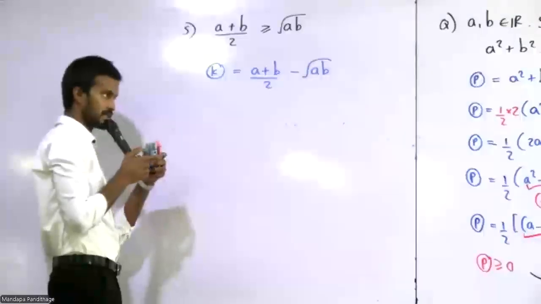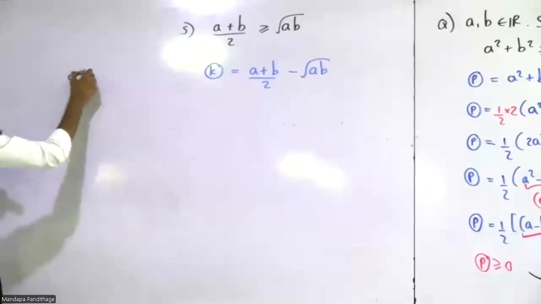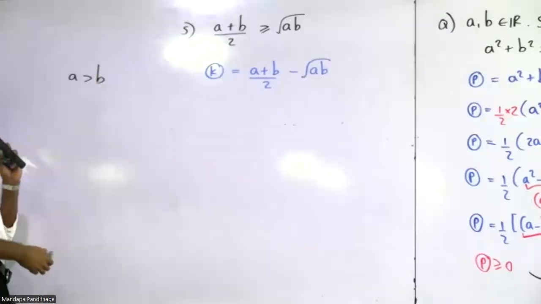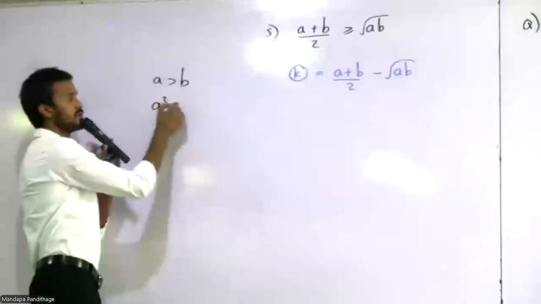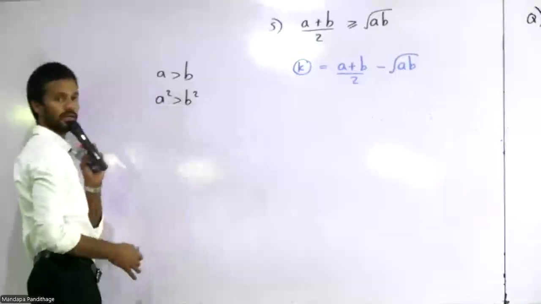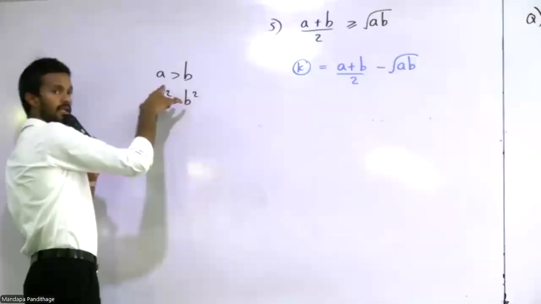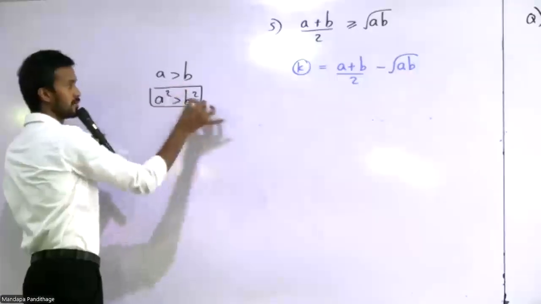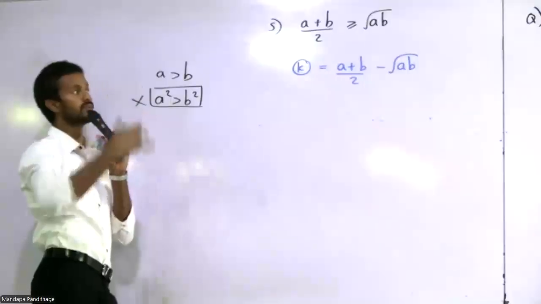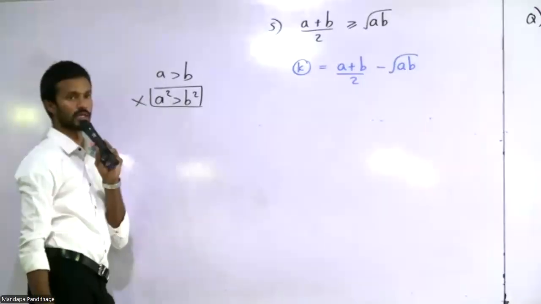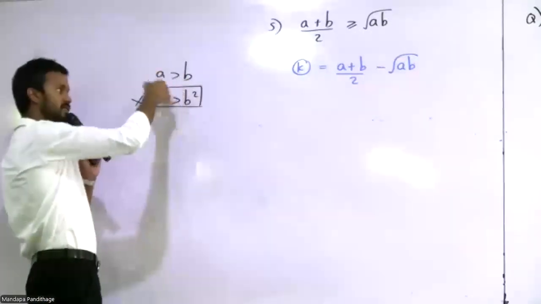One mistake students make is that when you are supposed to show that A is greater than B, you can't show that A squared is greater than B squared.